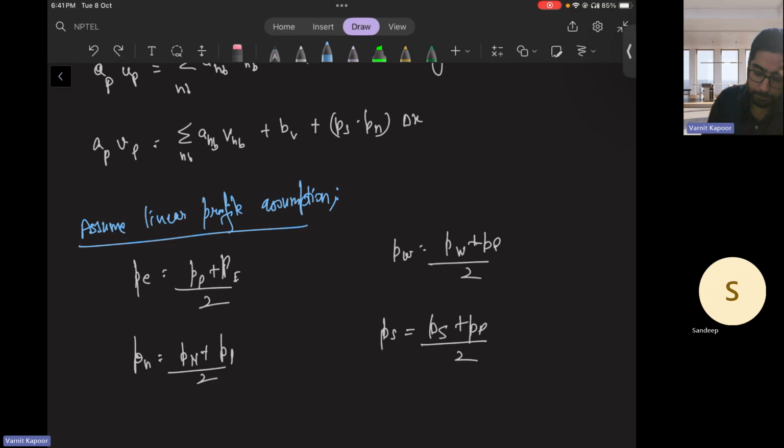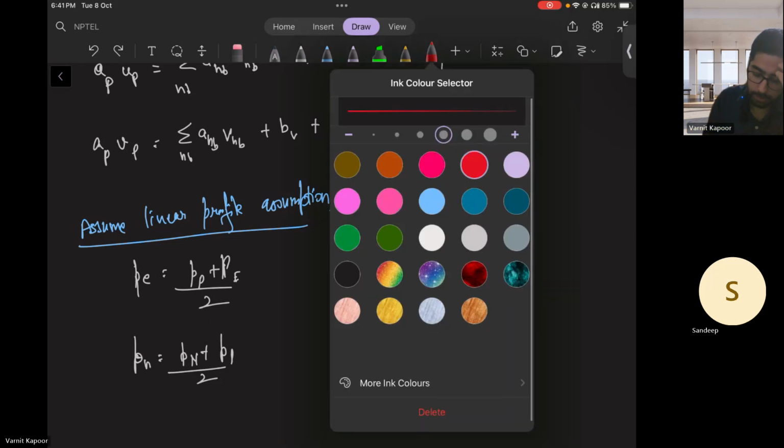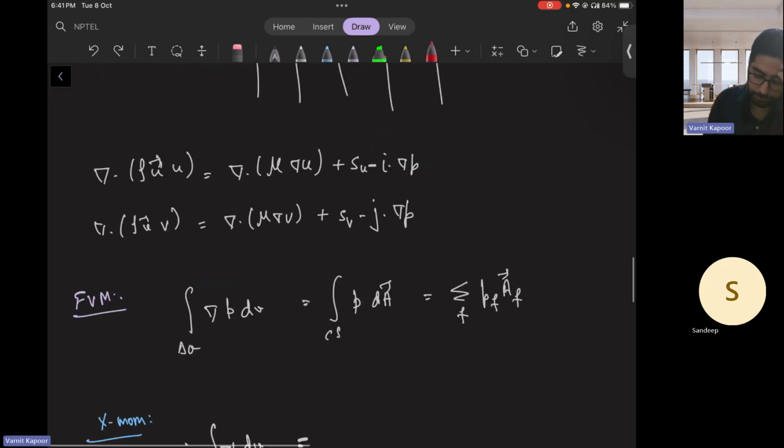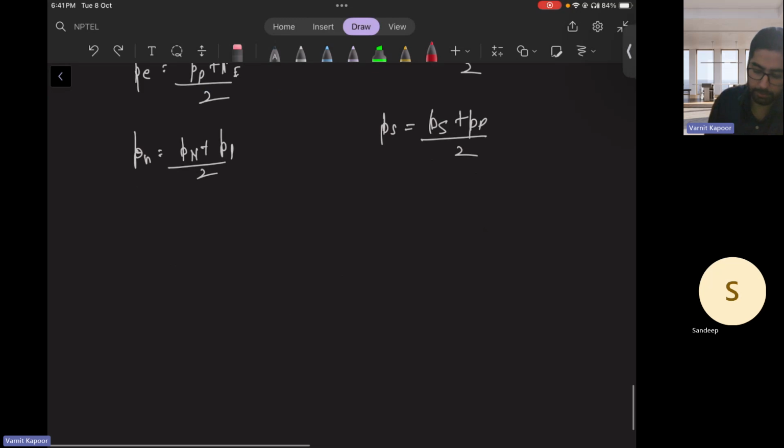Either it's the X momentum or the Y momentum equation, the PP comes in X momentum as well as in Y momentum. That is what I'm trying to say. In both the equations it comes.